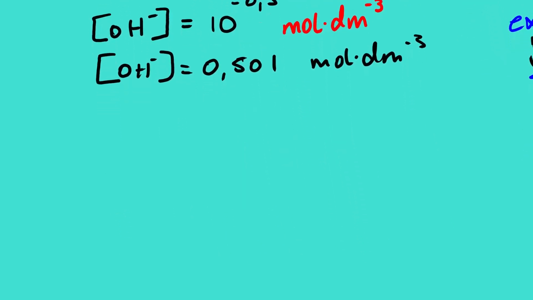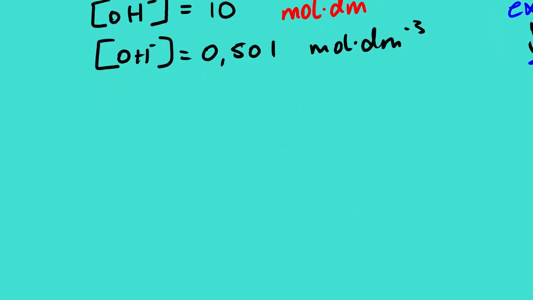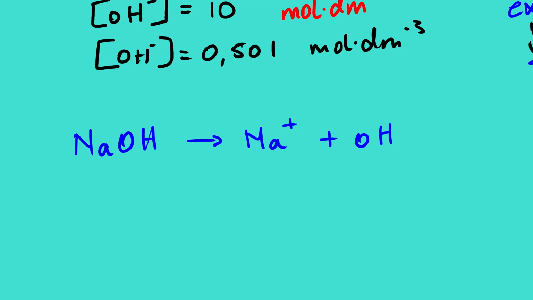Then from here, we can look at the dissociation of sodium hydroxide, which is like this. Then we can see that this is balanced. Now we have our molar ratio, it's simply 1:1:1.